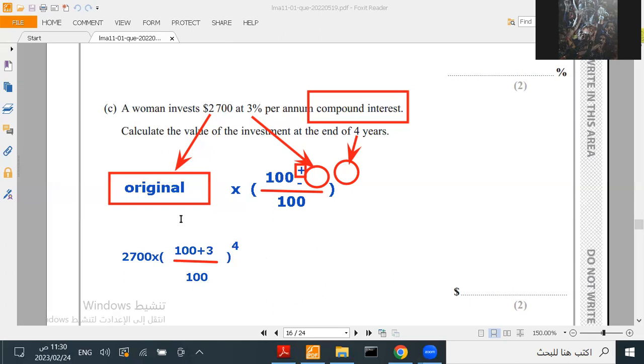I can use a calculator to calculate this. نجي نحطها في الكالكوليتر كامله باش تطلع لي الانسر. Here 2700 times open bracket ندير fraction جوا 100 plus 3 100 plus 3 and then لوطة عشان نحطوا 100 يعني نسكروا براكت في جنب ونديروا باور اللي هي 4 years 4 years.